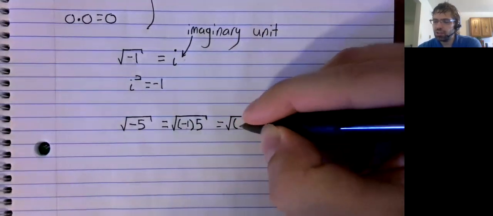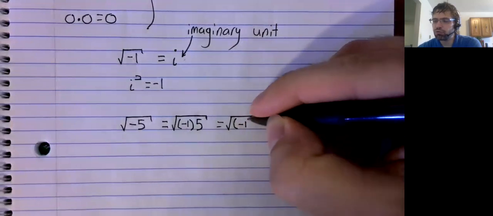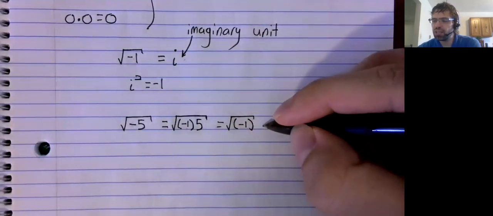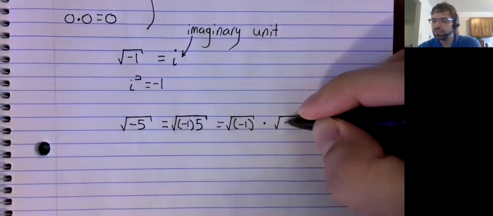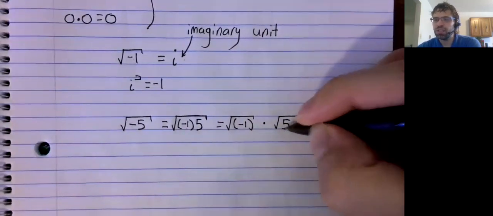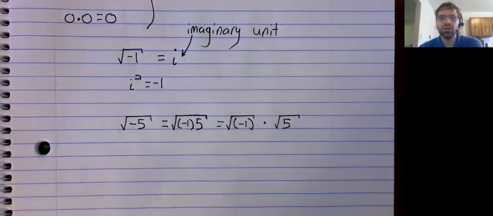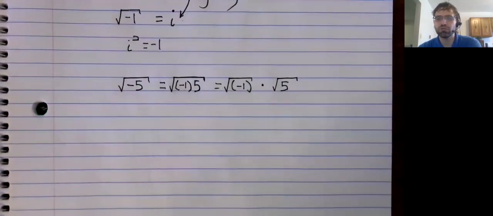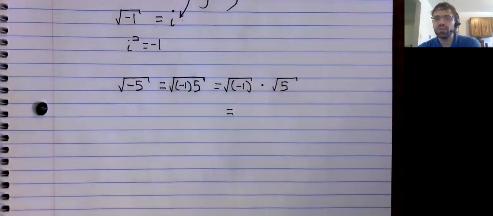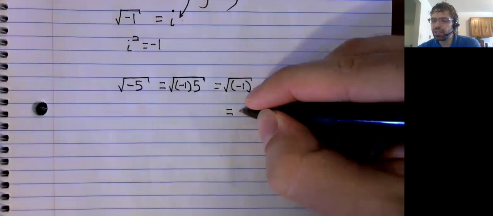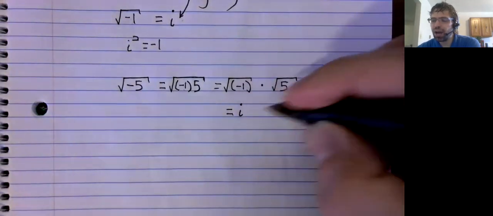Second, the square root of a product is the product of the square roots. The square root of -1 is i.